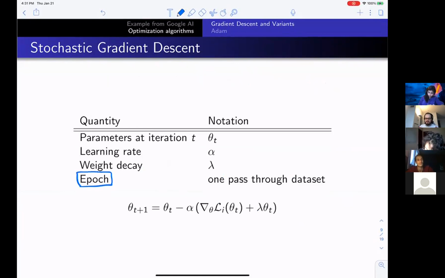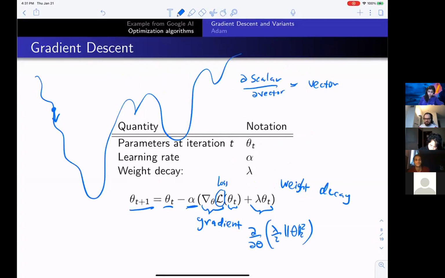So if you're doing an optimization, imagine you have a data set which has 60 billion training examples. Then calculating the gradient here would be very, very time consuming, because the gradient of the loss with respect to the parameters is the sum, or the average rather, of the gradients of the individual examples, right? Now, if n is equal to 60 billion, then it would take you a long time to calculate the gradient, right?